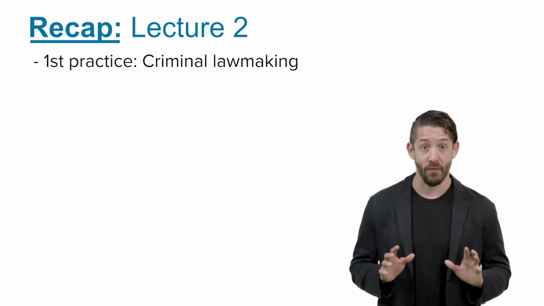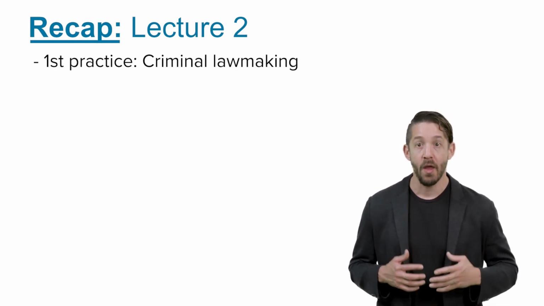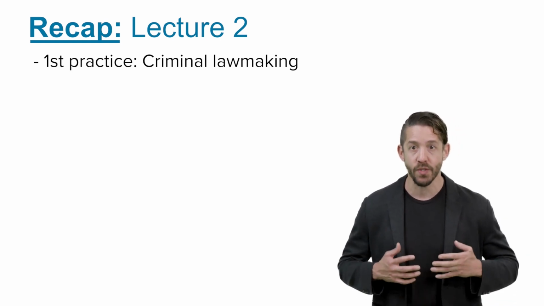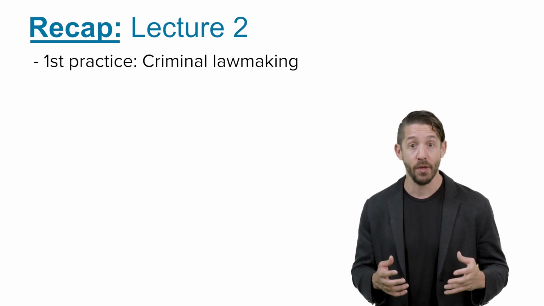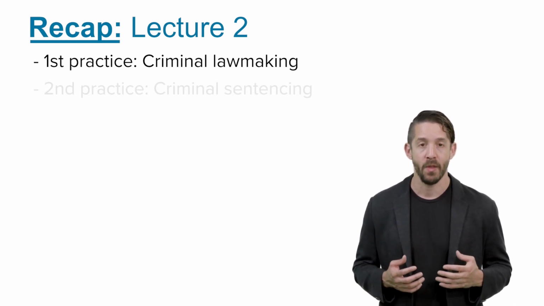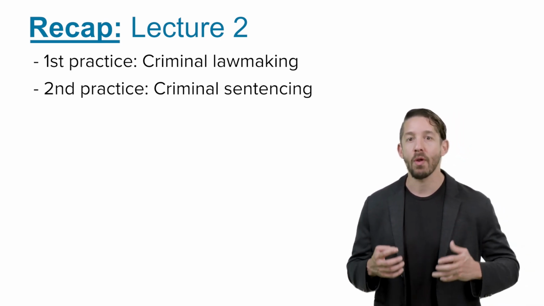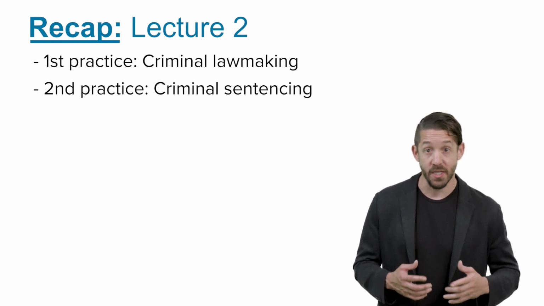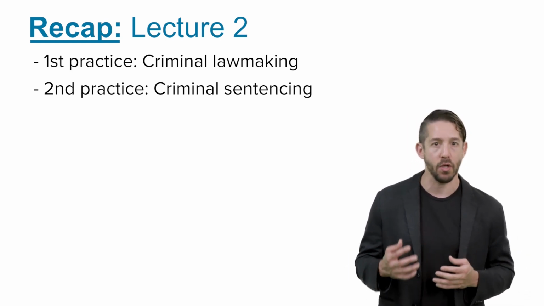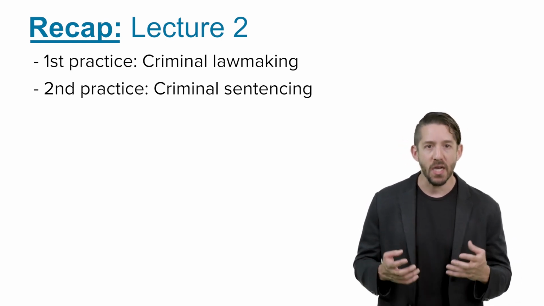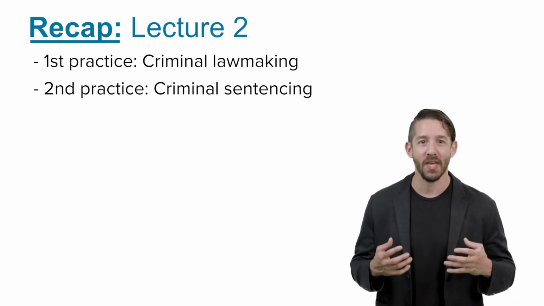The first practice we focused on is criminal lawmaking. That's where elected representatives use these principles to justify bills that would alter the scope of criminal liability and punishment in U.S. codes. The second practice is criminal sentencing, where judges and the attorneys who want to persuade them use principles like retribution, deterrence, and incapacitation to justify particular punishments in specific cases.